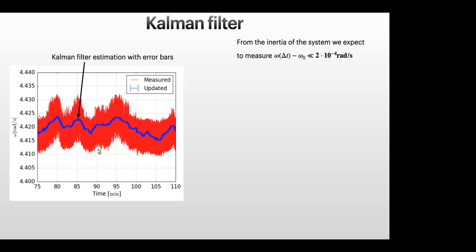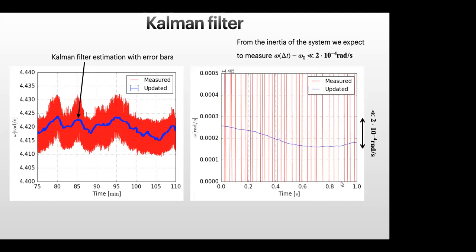If we zoom in on a very small region of this plot, a region of 1 second, like the one I showed before, we can see that the variation of the updated values in this very short interval of time is lower than the upper limit we estimated from physical considerations of our system. So this new estimation is consistent with what we expected from a physical point of view.